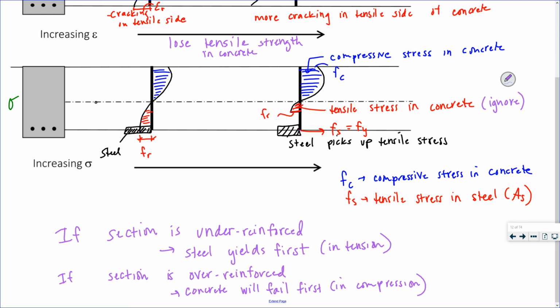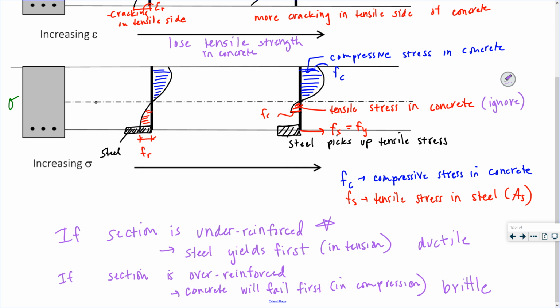So as a result, our goal is to remain under reinforced so that our steel is our primary source of failure, because it'll be ductile. It'll be a ductile failure versus a brittle failure, right? You always want ductile over brittle.